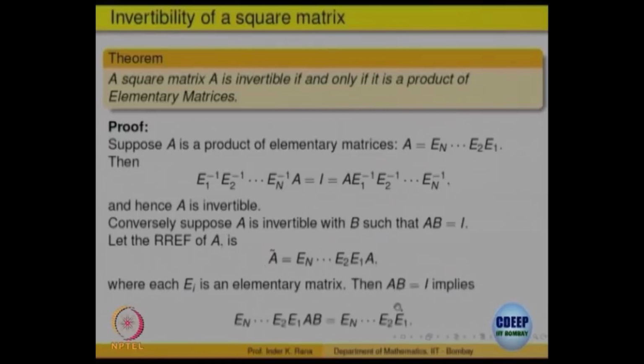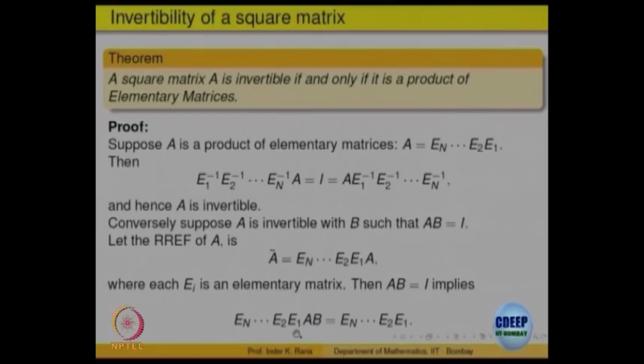Now, when A B is equal to identity, what does this give you? If I multiply by some matrix, I will get the same matrix, right. So, I get this equation: these are the elementary row operations that we have been doing to get A tilde, multiplied by A B is equal to the product of elementary matrices, by using the fact that A into B is identity.